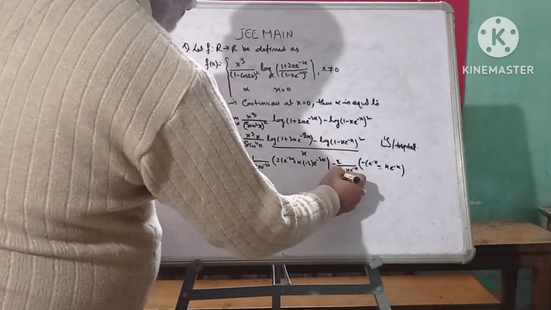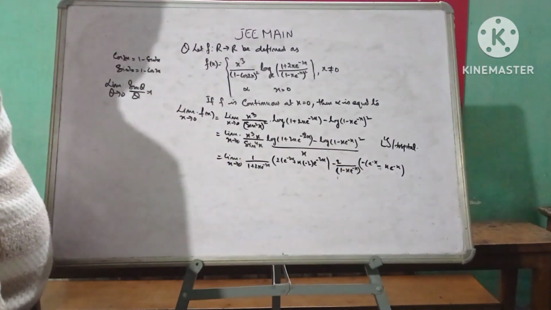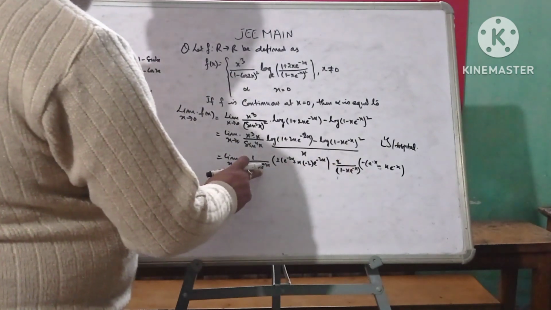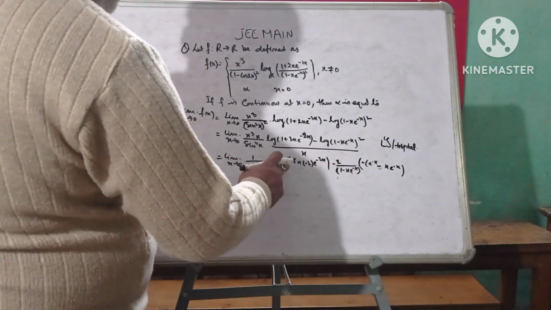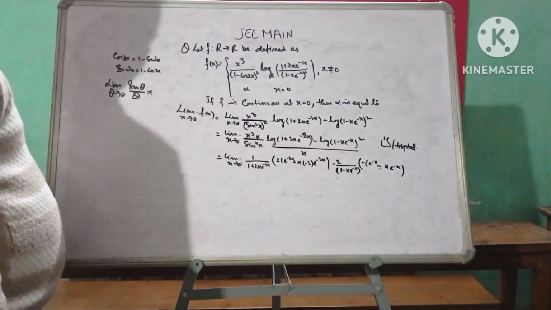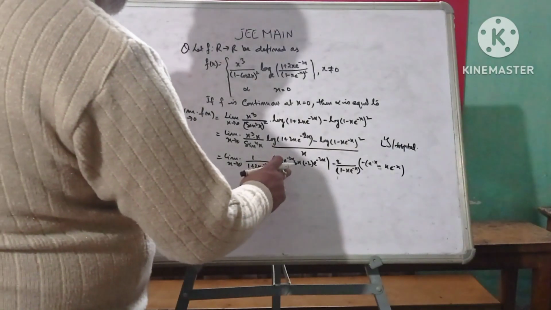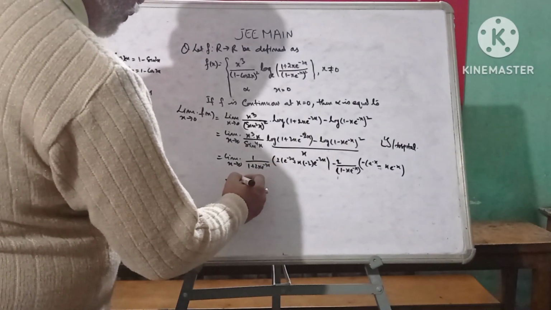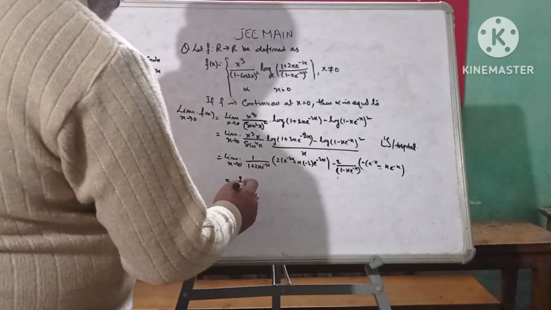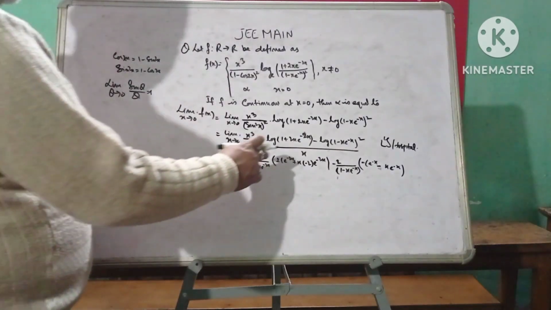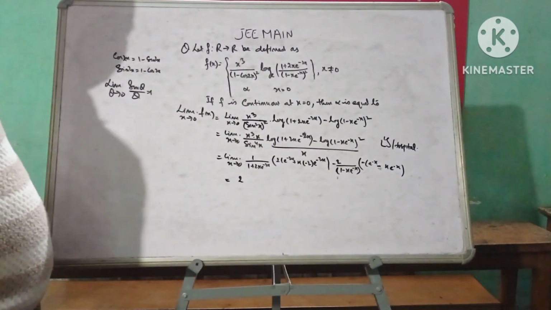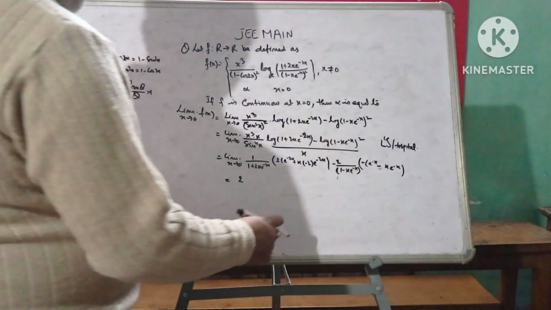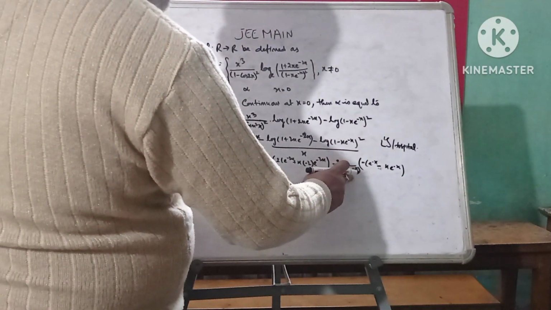Now if you put the value of x equal to 0, this will be 1, and e to the power of 0 is 1. So here there will be 2, because e to the power of 0 is 1, and here the whole thing becomes 0, and again this is 0.